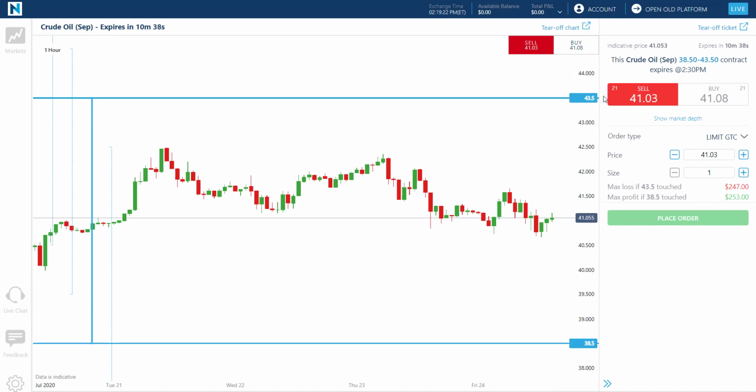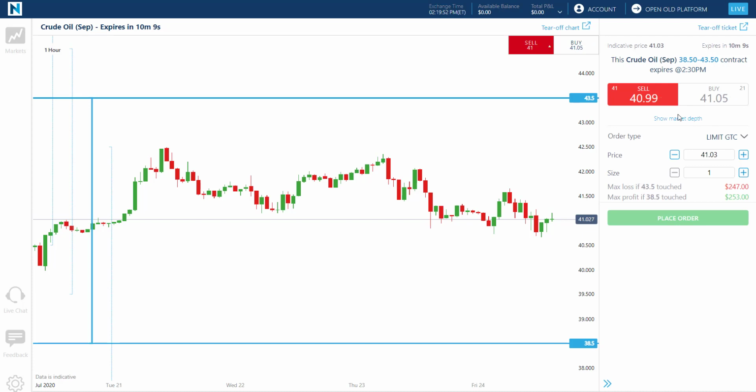The prices of knockouts will constantly fluctuate as the underlying price of oil changes. In fact, the price levels you trade for knockouts will typically track the underlying price of oil. For example, if the indicative underlying price of oil were 41.03, you might see a bid-ask spread for the knockout of 41.01 to 41.05.